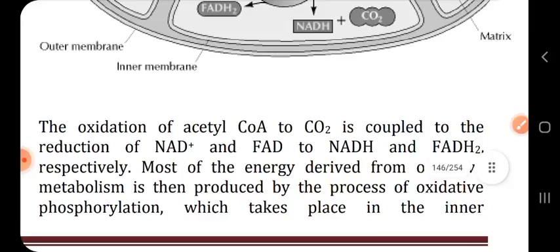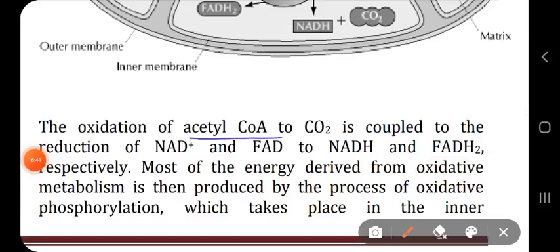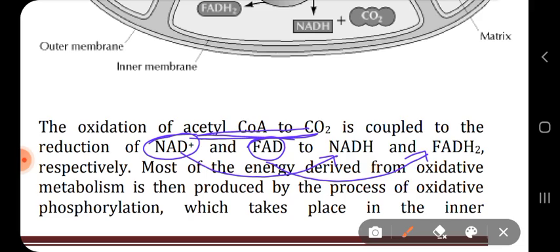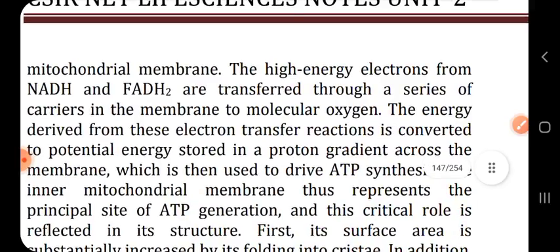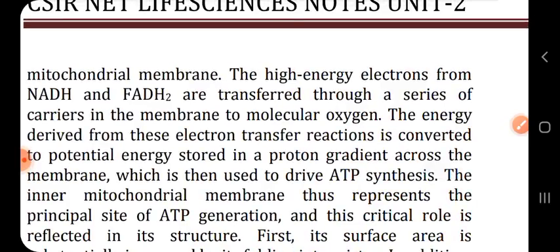So during the conversion of acetyl coenzyme A to CO2, NAD plus and FAD get reduced to form NADH and FADH2. Now this NADH and FADH2 transfer the electrons through the electron transport chain.